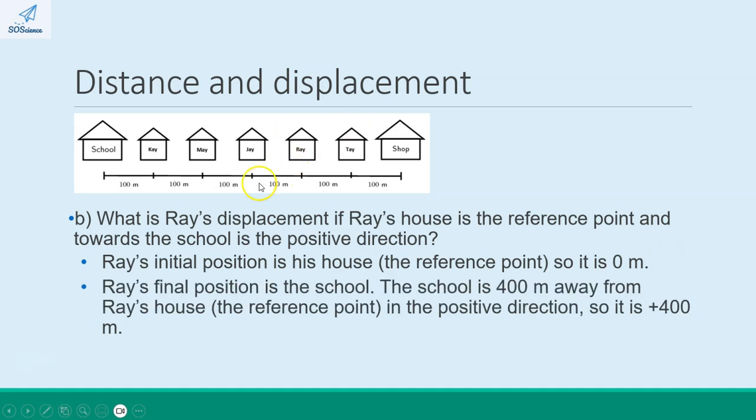Ray's final position is the school, which is 400 meters away from Ray's house. But remember that towards the school is the positive direction. So it is a positive 400 meters.